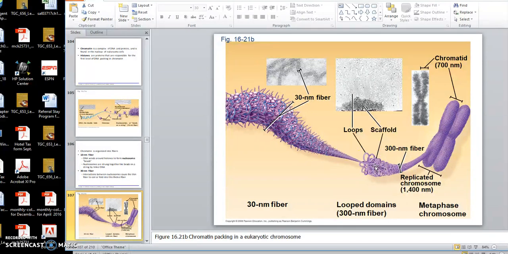Now, I want you to understand this. We talked about the electron microscope and we talked about the light microscope. Under normal circumstances, a cell has the genetic material in the loop domain. That is too thin to be seen under the light microscope.